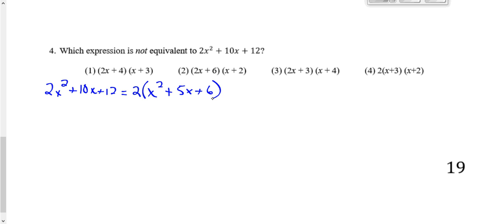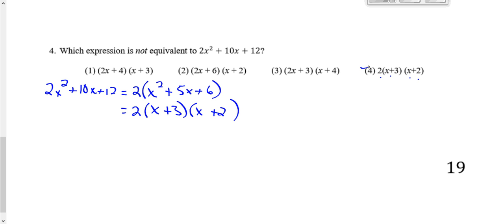That's not one of our choices, right? But it looks like we could take this thing in parentheses and see if it looks like that one. Get halfway done. What should go there and there? Multiply to 6, add to 5. Plus 3. Okay, so that one's fine.